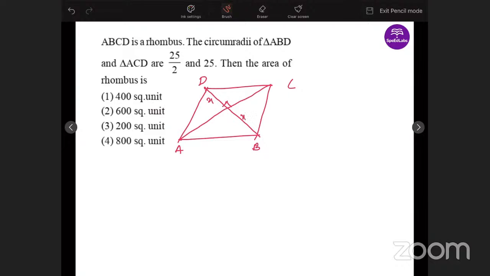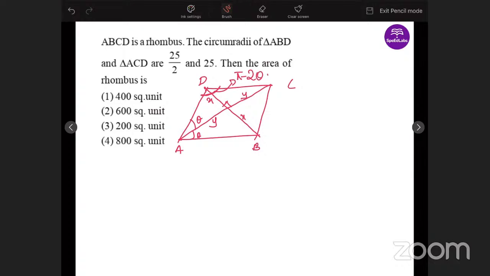Suppose this is X and this would be Y and Y. And if this is angle theta, this also will be angle theta. So what will this angle be? What is the angle ADC? Pi minus 2 theta, right?